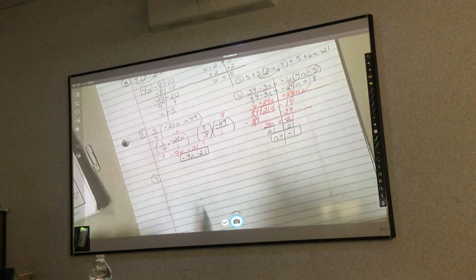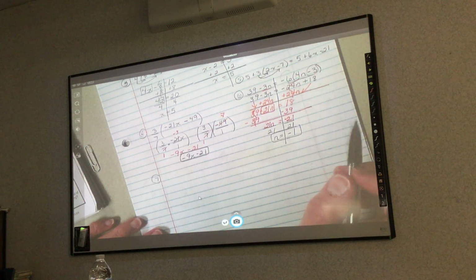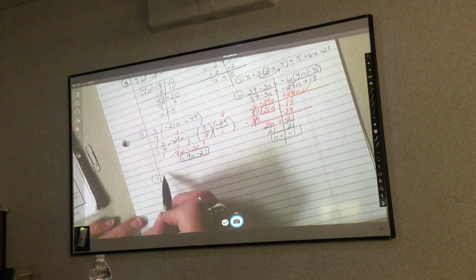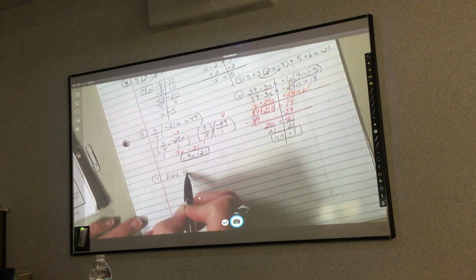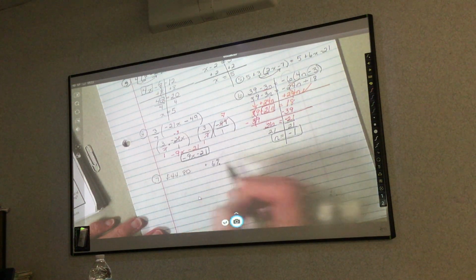Just remind me, okay? What would the total bill be of a painting that costs $44.80 with a tax rate of 6%? So the original painting is $44.80, and I have to add 6% tax.